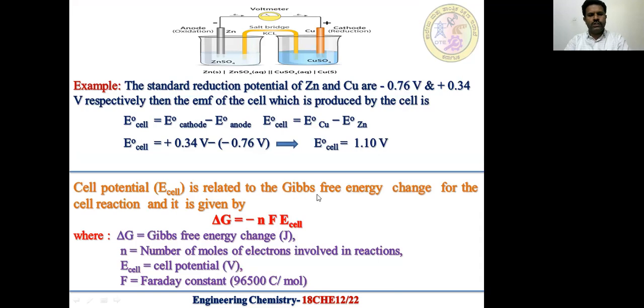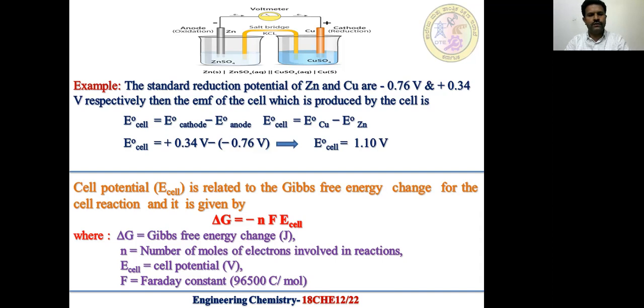The cell potential also has a relation with Gibbs free energy. That is, delta G is equal to minus n F E cell.